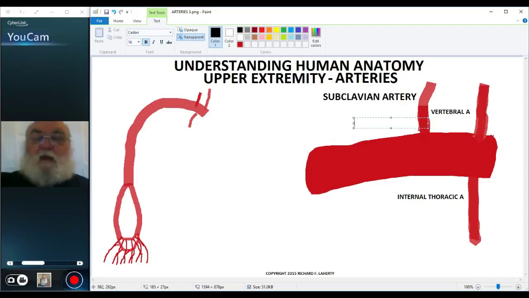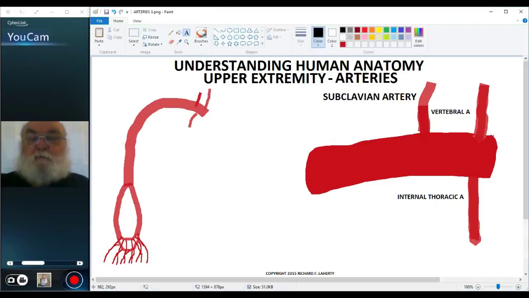And the thyroid gland is an endocrine gland that helps control our metabolism, and it has an extremely rich vascular supply, and in fact needs a very rich vascular supply.